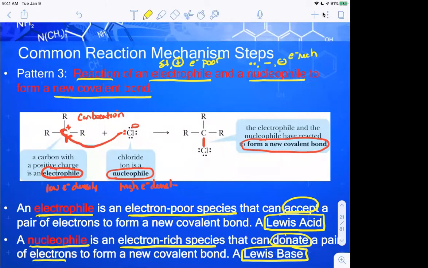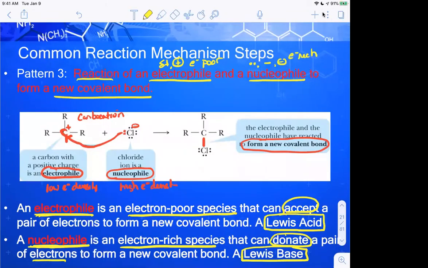These words are important. You need to be able to use them when you describe something that's happening. Like you would say, chlorine ion is acting as that nucleophile. It's an electron-rich species that is attacking the carbon, the electrophilic carbon of the carbocation.